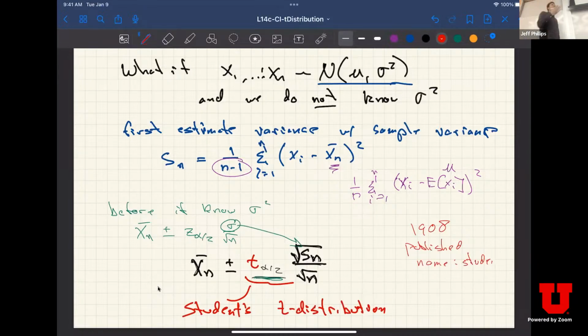There was someone who worked at a company, as sometimes happens today, and he wanted to publish this result because he thought it was really cool and would be useful for statisticians, but his company wasn't sure they wanted him to publish it, so he sent it in not under his real name.